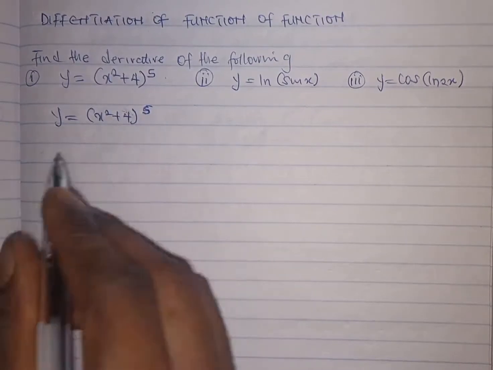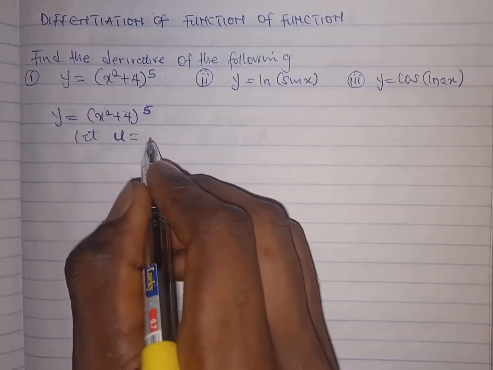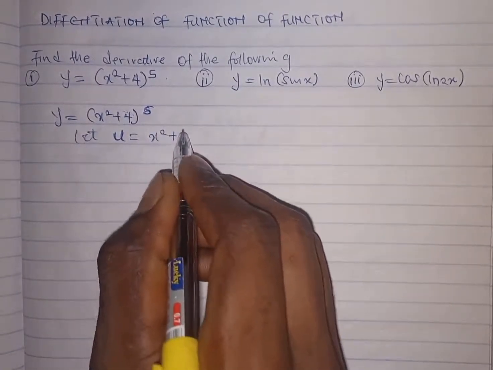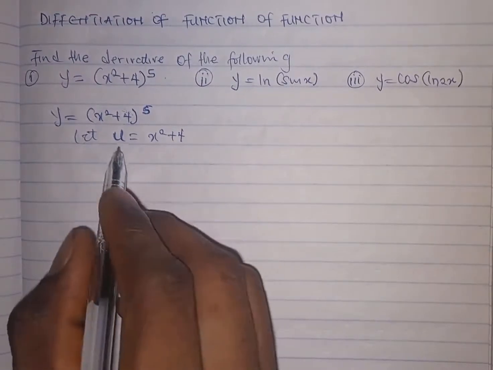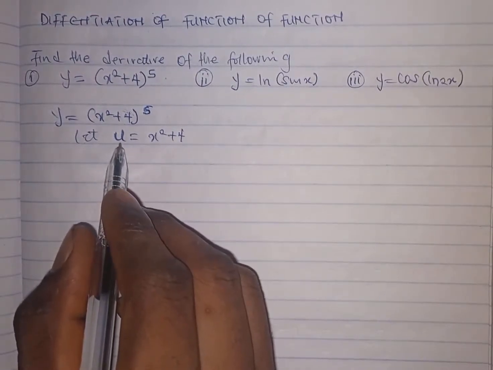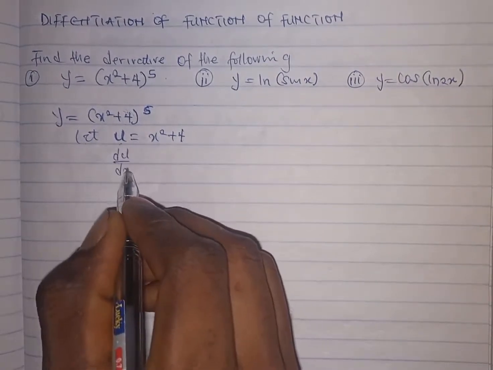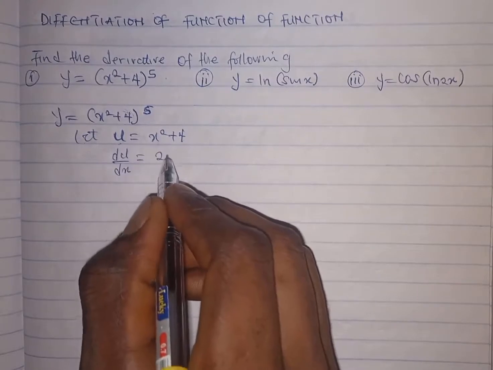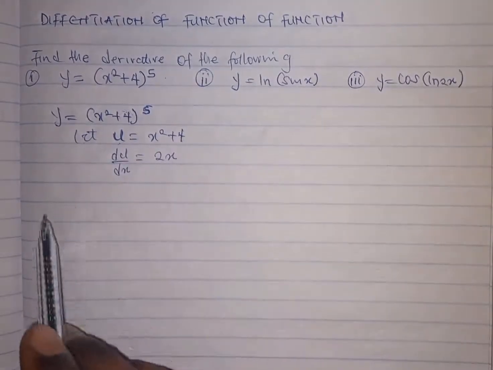Taking it out, you can say let u be equal to x squared plus 4. Then you find the derivative of this, du/dx, which is going to be 2x. The derivative of 4 is 0 because it's a constant value.